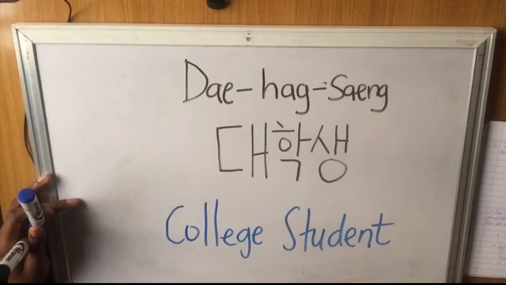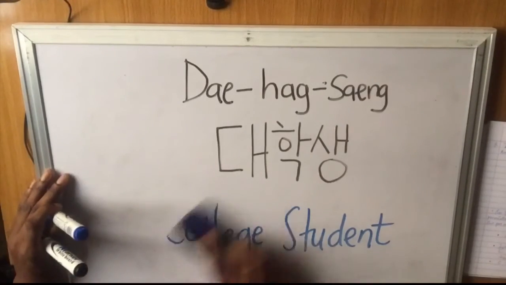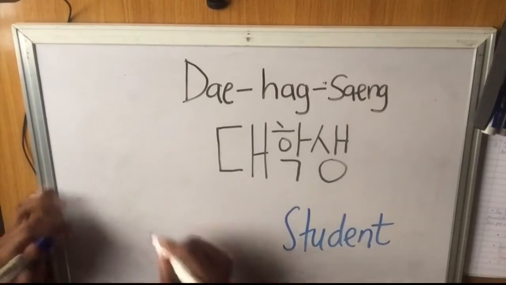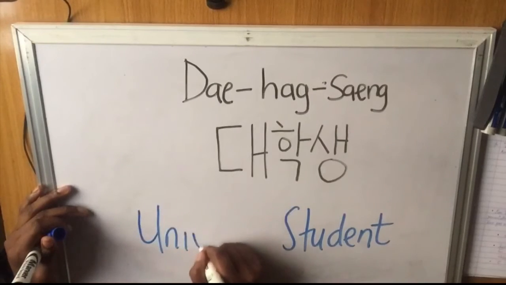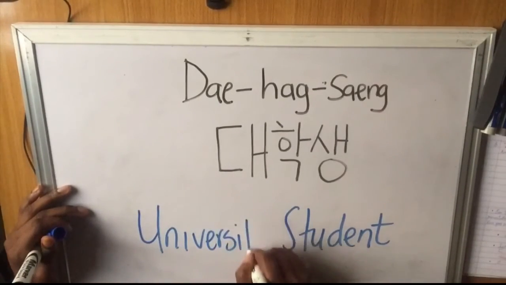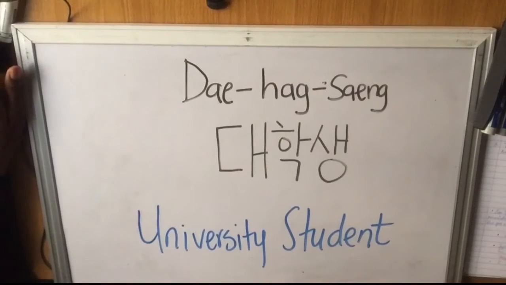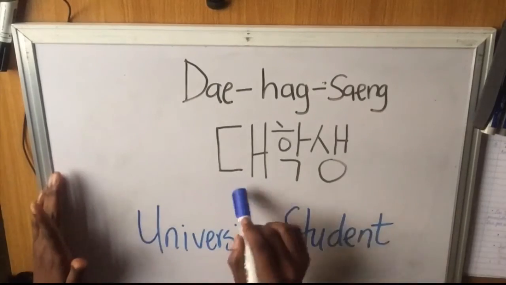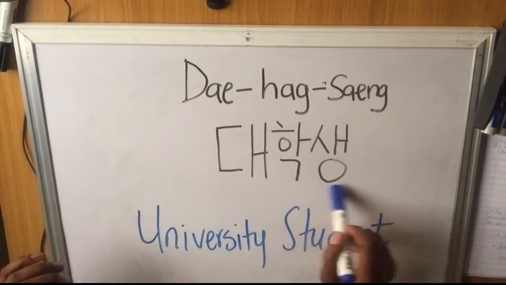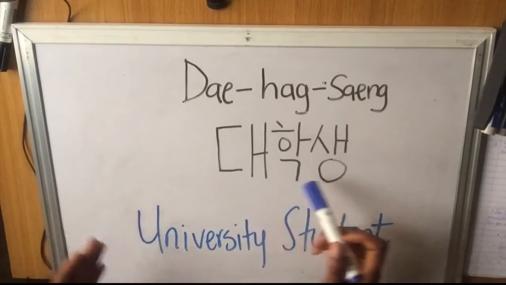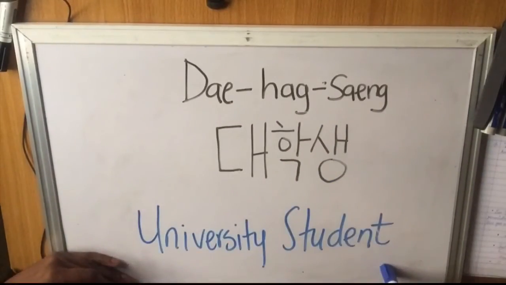In Nigeria, we do not use college students. We use university. So let me put our own terms here. So 대학생 means university students. So if you're a university student, you can just tell them, I am a 대학생. 학생 means student. So when you add 대 to 학생, it becomes university student. That's very simple.